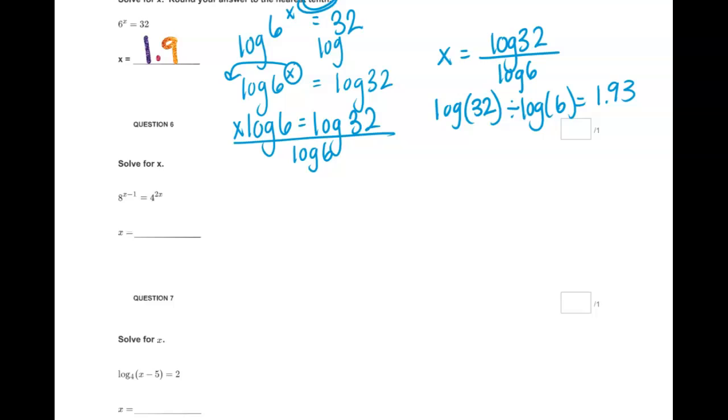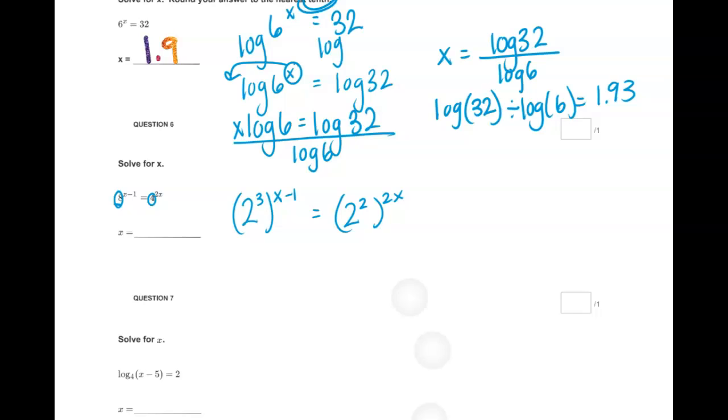Now we'll solve for x again. This is the type where you want to look for a common base. The goal is to be able to set the exponents equal to each other. So I can rewrite 8 as 2 to the third power, and that's to the x minus 1, equals, I can replace 4 with 2 squared, and that's to the 2x.